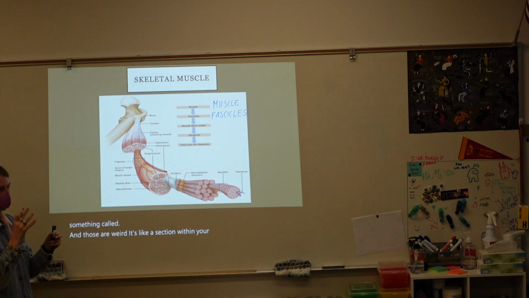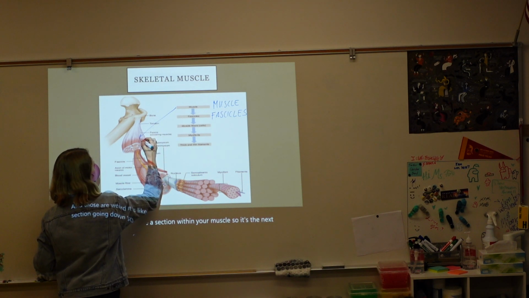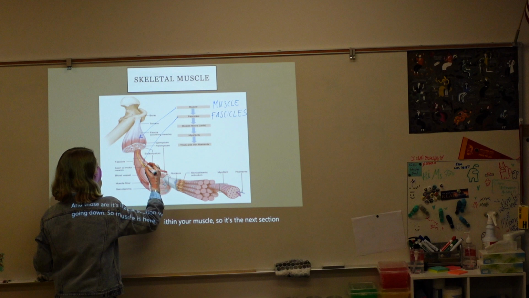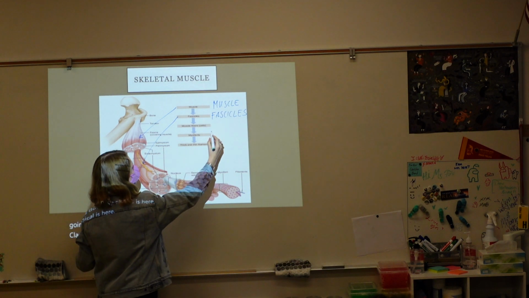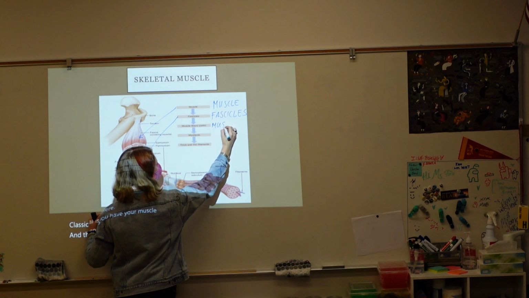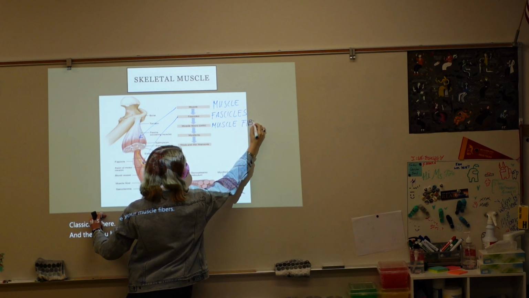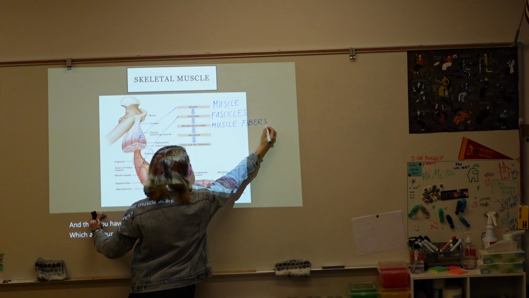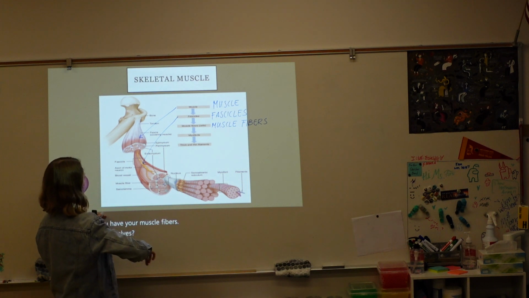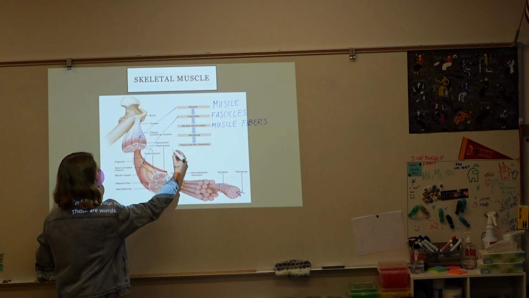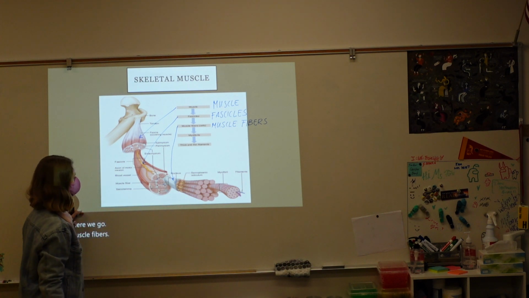It's the next section going down. So muscle is here, fascicle is here. And then you have your muscle fibers, which are your cells. Muscle fibers right here.